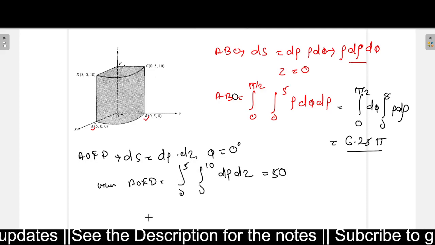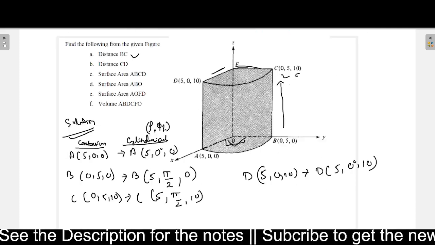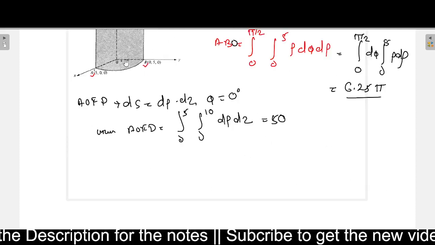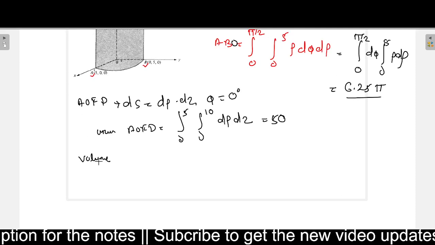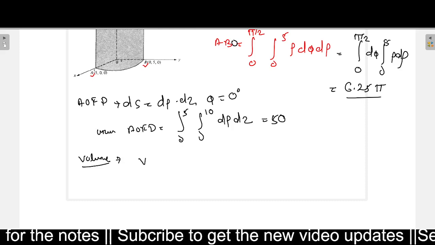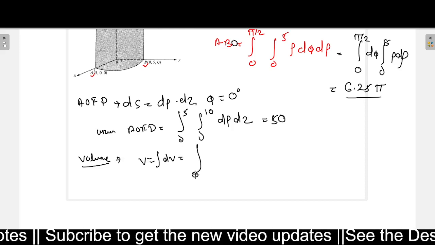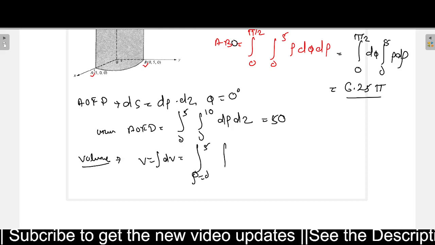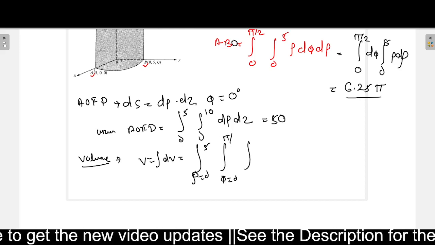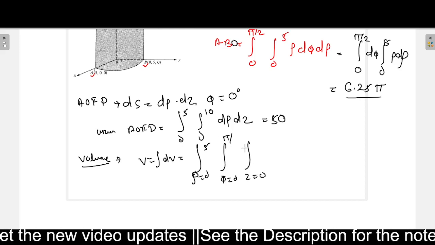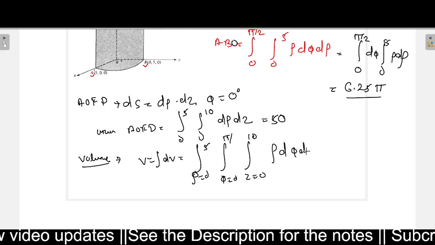Next question is to find the volume ABCDEFO. That is actually connecting all the points. How do we find the volume? V equals the integration of dV. So it is a triple integral: rho from 0 to 5, phi from 0 to pi by 2, and z from 0 to 10, over the volume element rho d rho d phi dz.